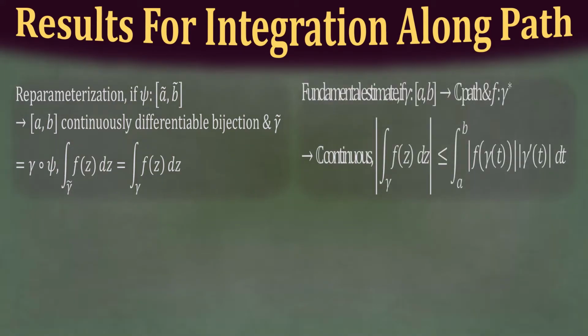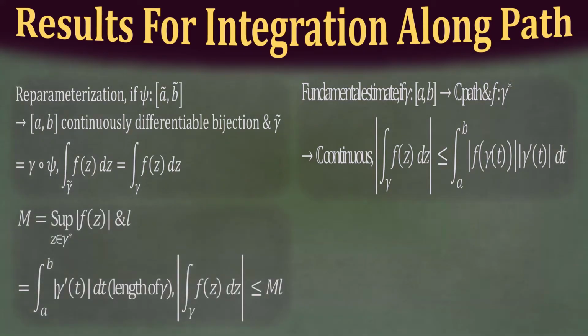We also have the fundamental estimate property, which says that if γ from [a, b] to the complex numbers is a path, and f from γ* to the complex numbers is continuous, then the modulus of the integral over γ of f(z) dz is less than or equal to the integral from a to b of |f(γ(t))|·|γ'(t)| dt.